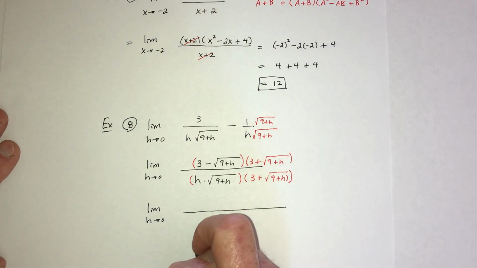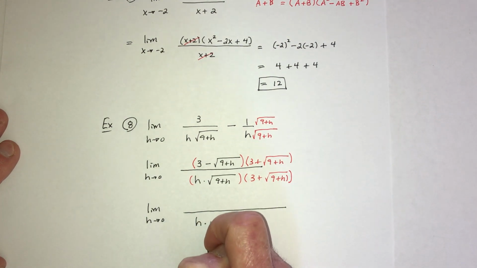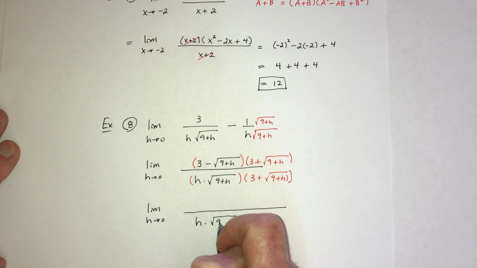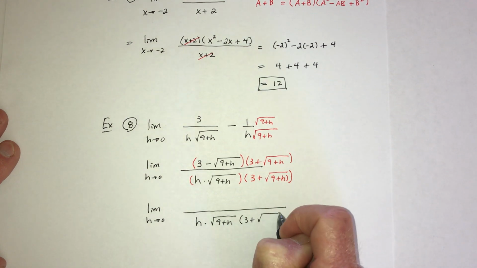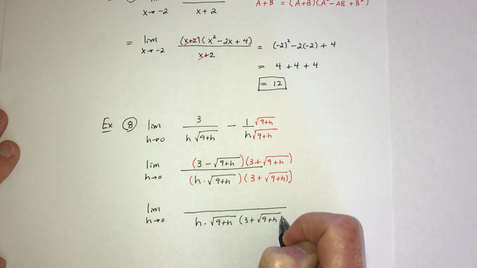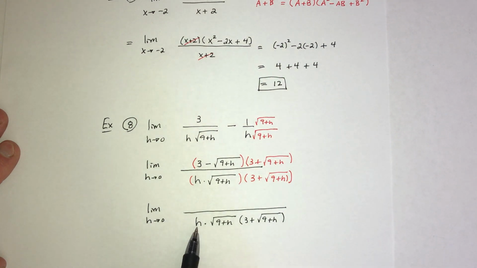Now for the denominator, do not multiply it out. Just copy and paste. The reason is we want this thing to cancel, so it's better if it's in factored form. That way later, we can just cancel it.